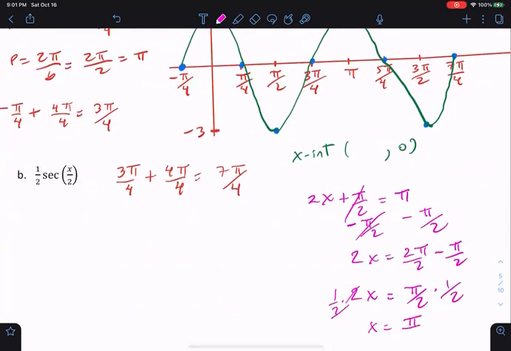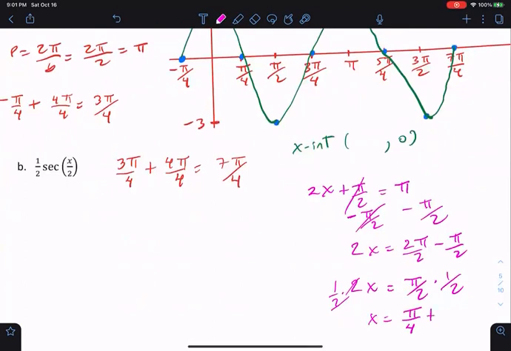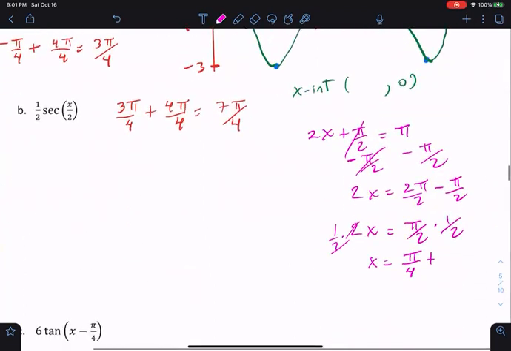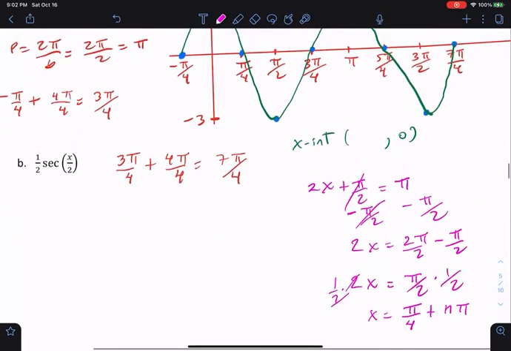So this is one x-intercept, and then you need to add the period. The period is pi units, so it will be m pi. Let me put m pi, better. So this is one x-intercept: pi over 4 plus m pi.